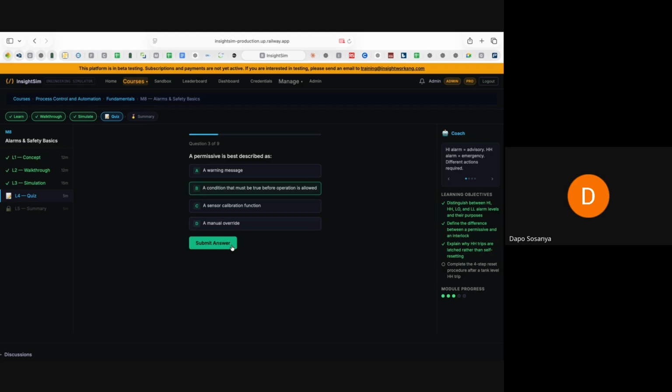So it's not manual override. We have something called manual override in the plant, right? Where the operator takes control of the process. So even though the process is saying this, the operator steps in. That is not the permissive, right?